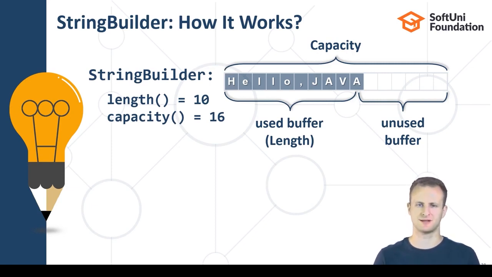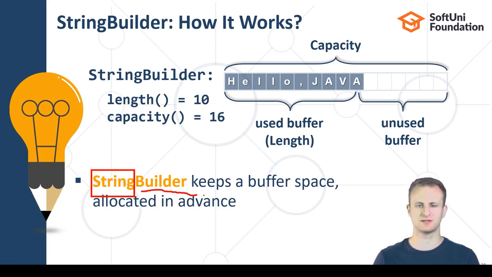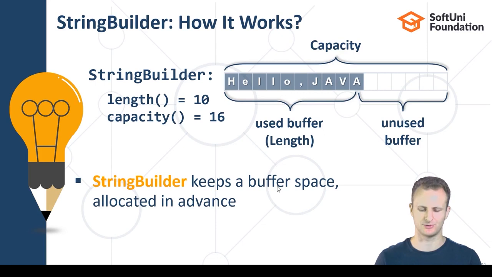For example, it has a .append method which adds symbols to its end, adds strings, for example, or integers or something else to its end as sequences of symbols. So a StringBuilder is actually a special class which is a string which has more memory than it needs. And that extra memory is used to add symbols into it.